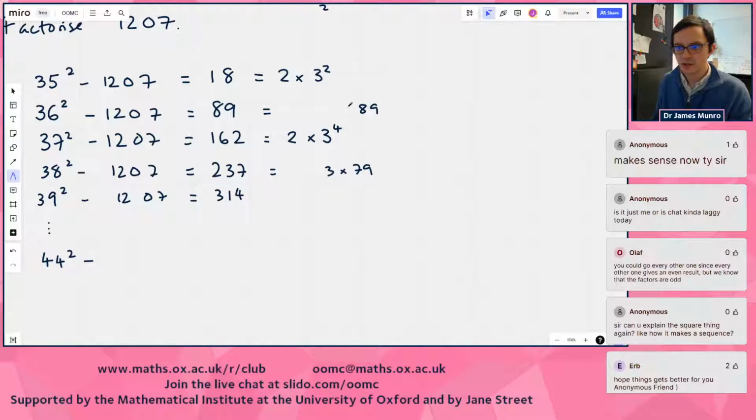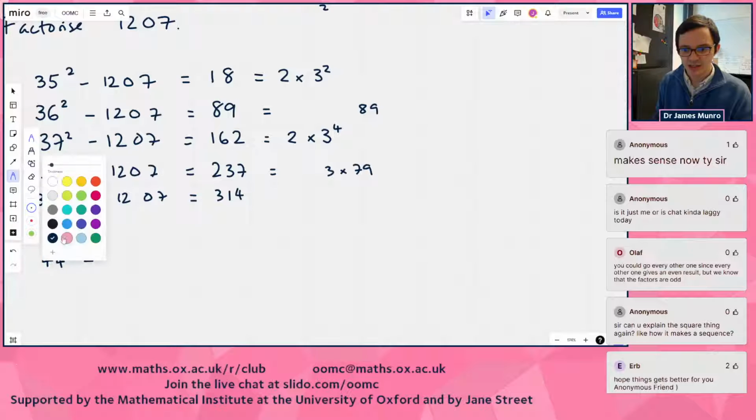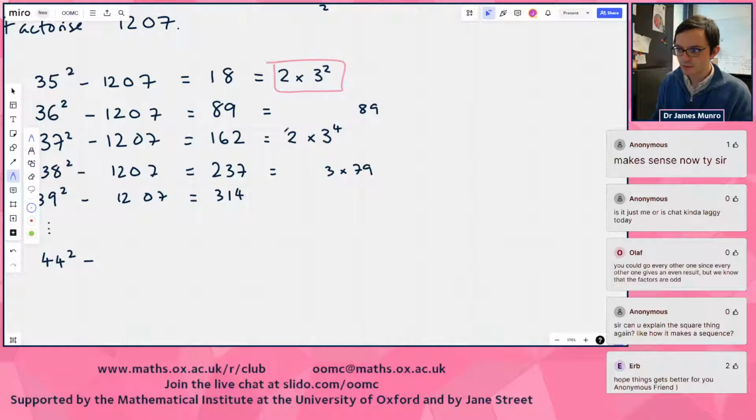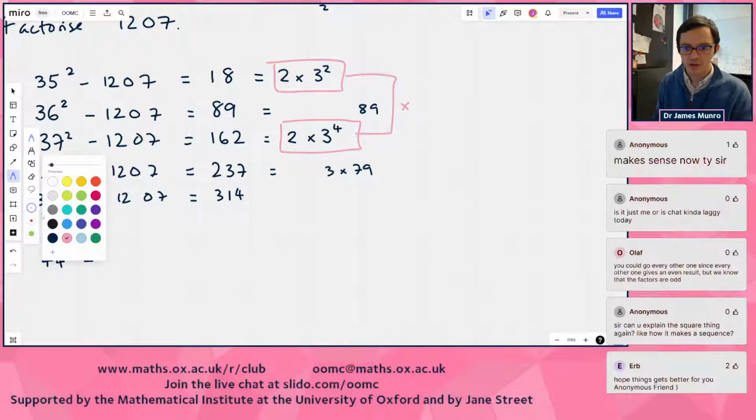The idea is to look for something like this, where you can take two of these lines and multiply them. Okay, so I'm going to write out those two lines, including the stuff on the left.